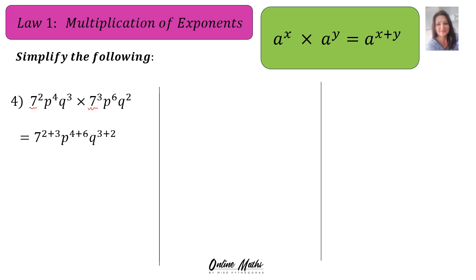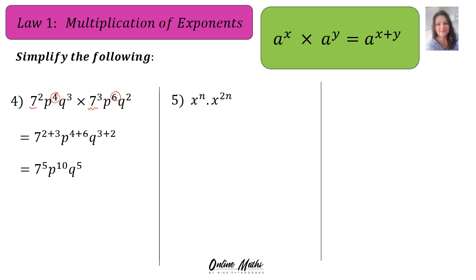In terms of p, you find a 4 as the exponent, you find a 6, so it will be p to the power 4 plus 6. And in terms of q, there's a 3 and a 2, so you will say q to the power 3 plus 2. And then your final answer, 7 to the 5, p to the 10, q to the 5.